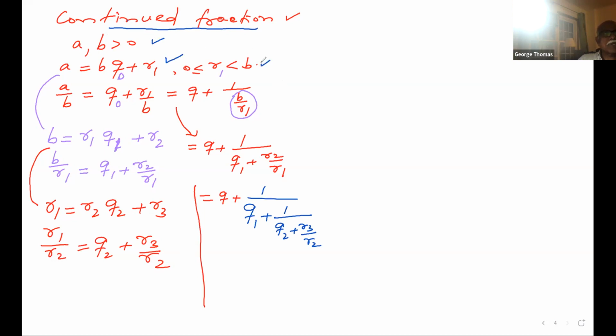Then you divide both sides by B, and A divided by B, B cancels, you get Q0 plus R1 over B. So this can be written as 1 over B over R1. The reason is we are trying to bring it to the way a continued fraction looks.